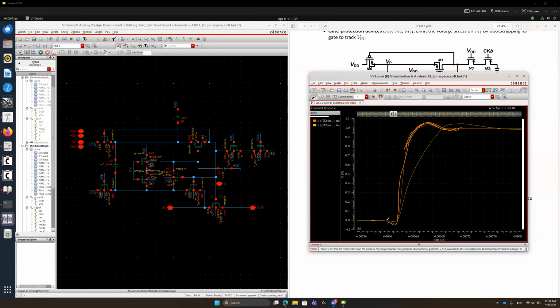Then if we increase the capacitance, the frequency of its oscillation-like response is reduced, from here to here, the speed is reduced. That means if we add more capacitance, it is kind of a slower system. Within the slower system, its phase margin will increase. That will slow like this.